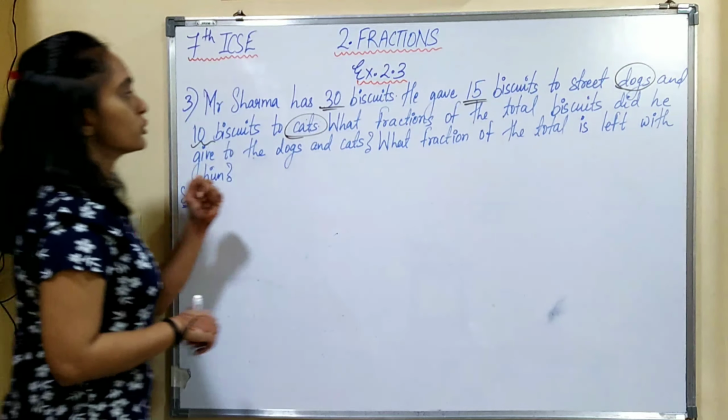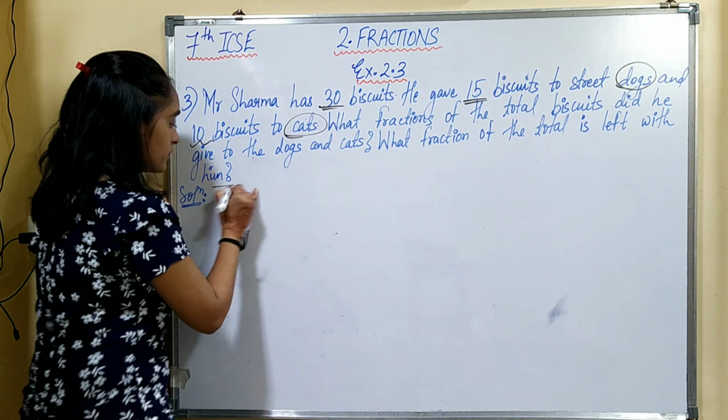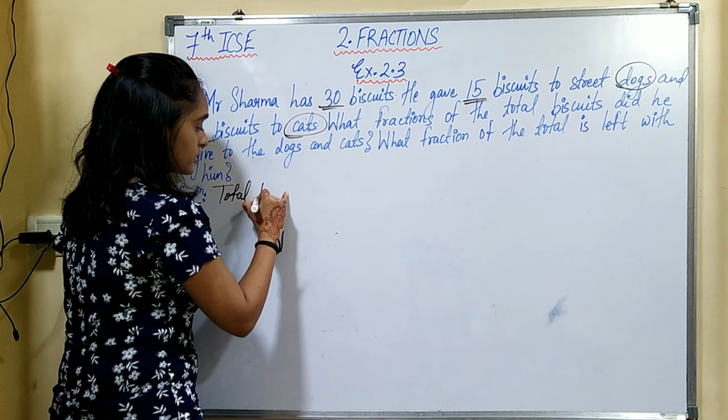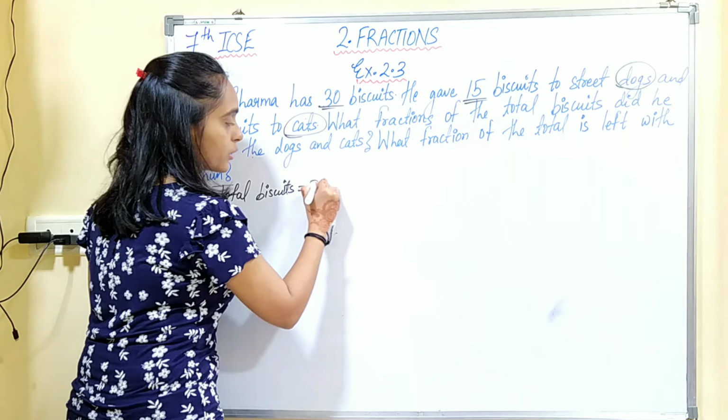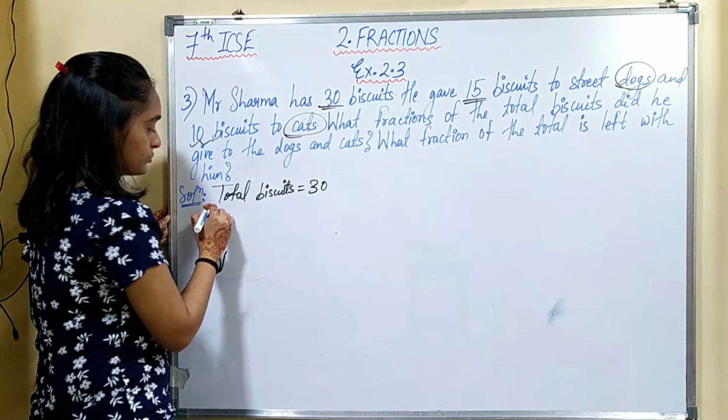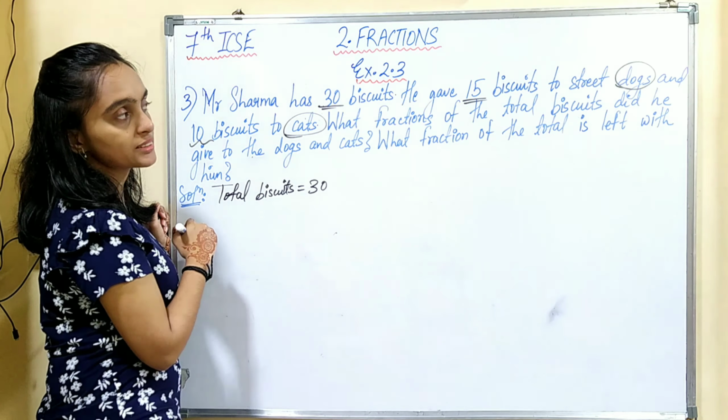Okay. So here the total biscuits are 30. Total biscuits equals 30.